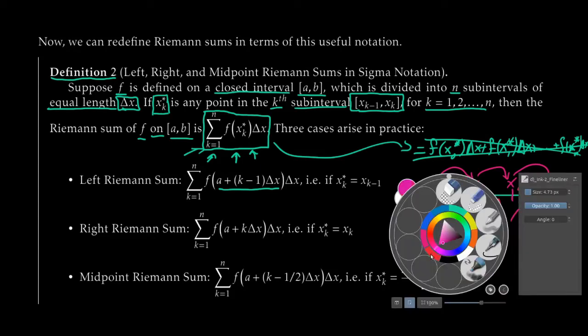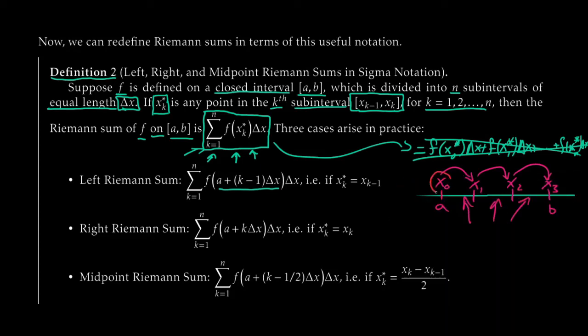It's just which 3. So for a right Riemann sum, I would pick up these right here. So I start with no delta x's over, and then I go 1 delta x over, and then I go 2 delta x's over, and then for something like this, I'm pretty much done, right? I start with 0, and then 1, and then 2, and if I've got 3 subintervals, I'm done. So that's how a left Riemann sum works.